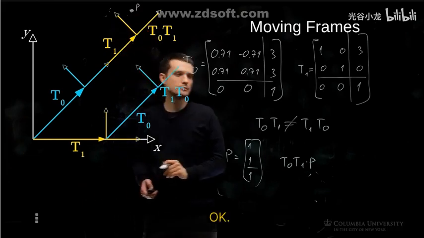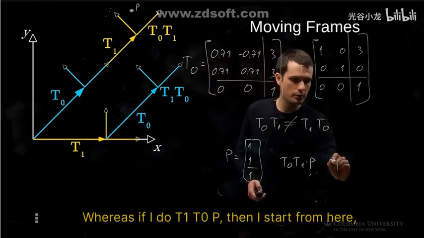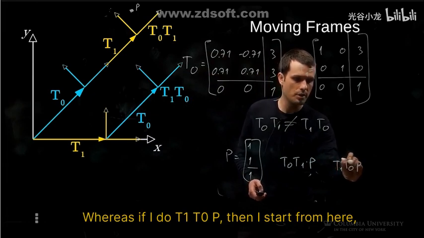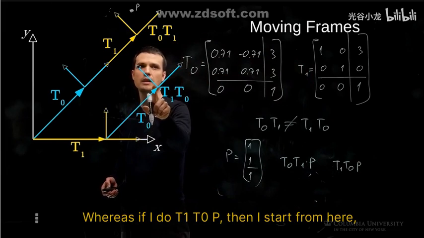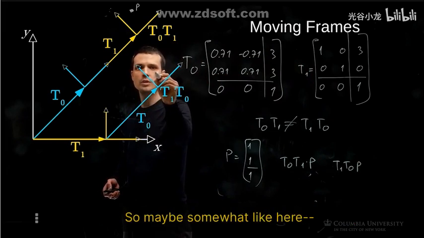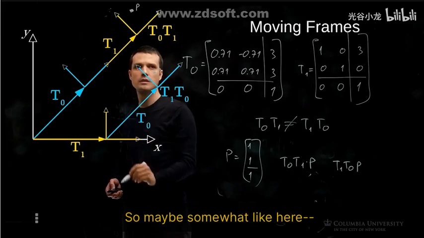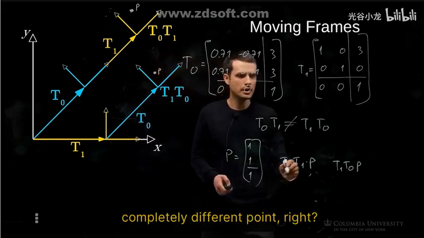Whereas if I do T1, T0, P, then I start from here, and I go up a little bit, so maybe somewhat like here, a completely different point, right?